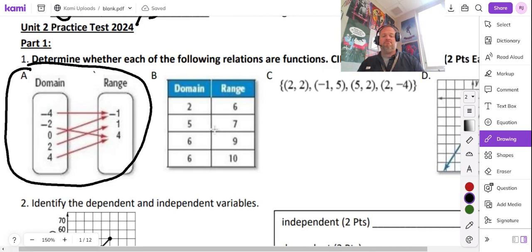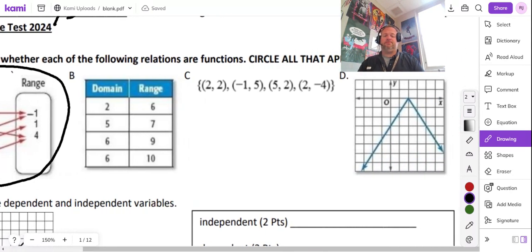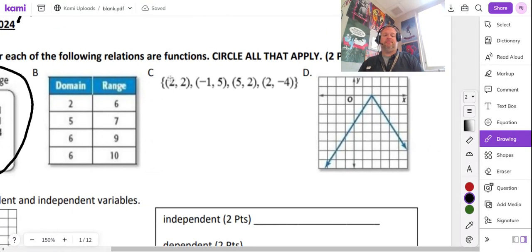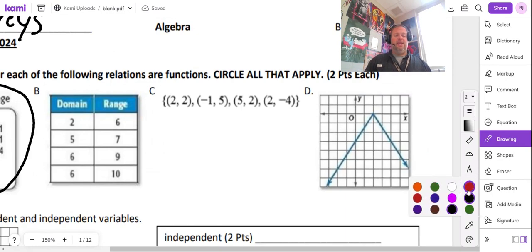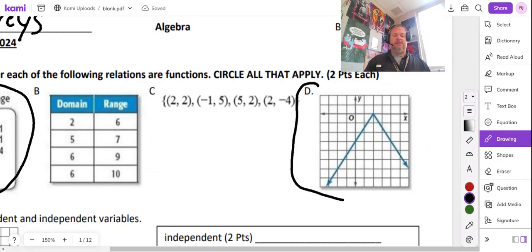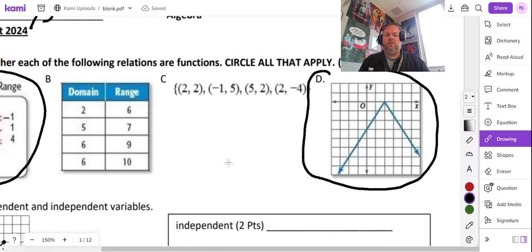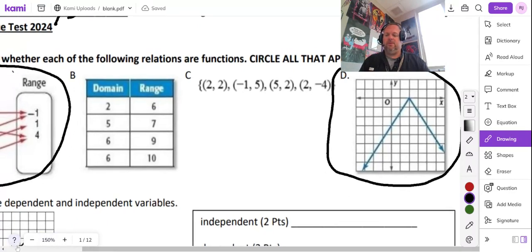B is not. C is not. And D is. So that is what we have going on there.